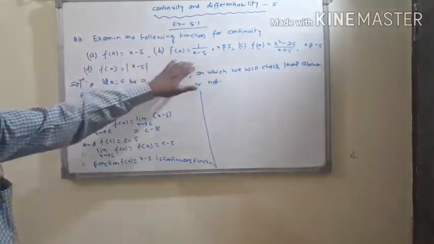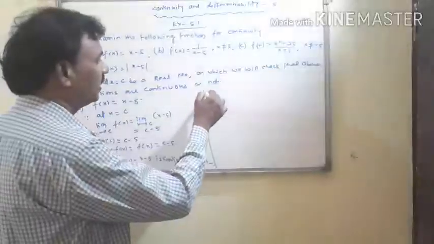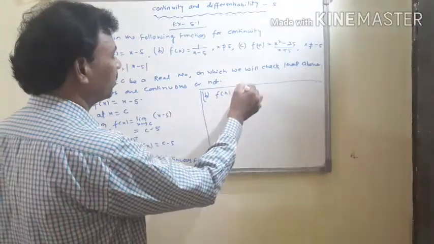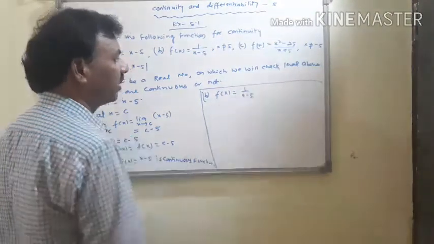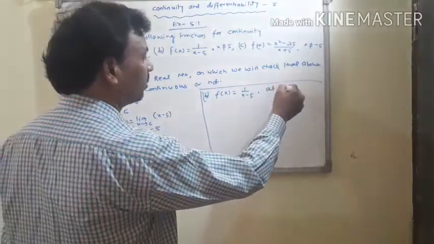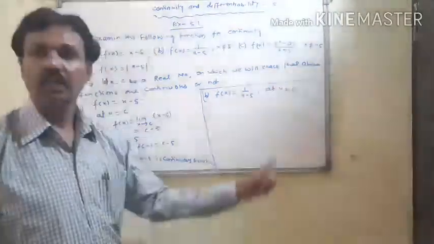Now we will take the second function, the b part, f of x equal to 1 upon x minus 5. The point is at x equal to c, where c is a real number.